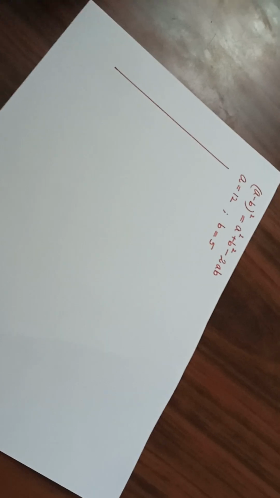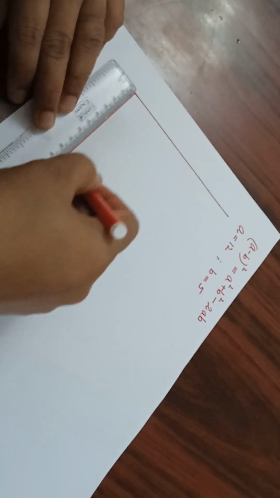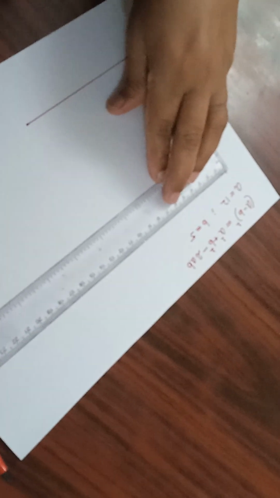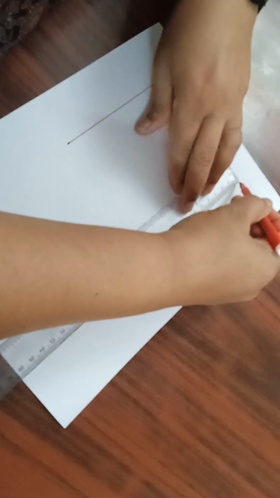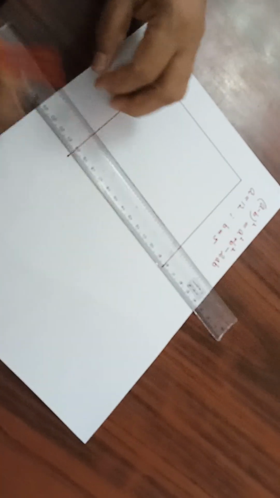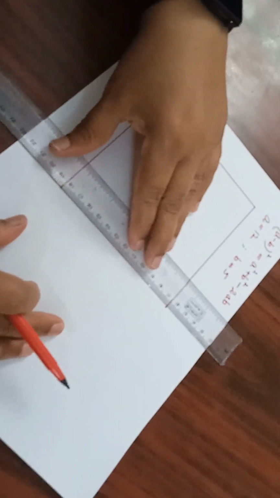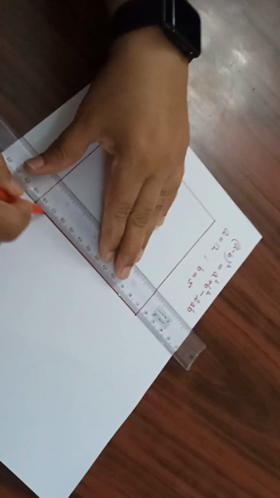Fine. Here also I am going to draw 12 units. Here as well 12 units. And finally the last side of the square, 12 units.